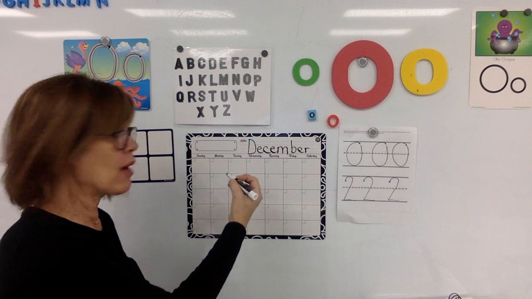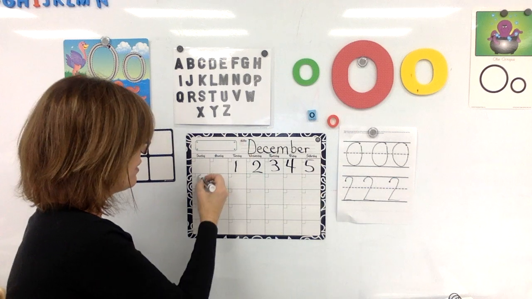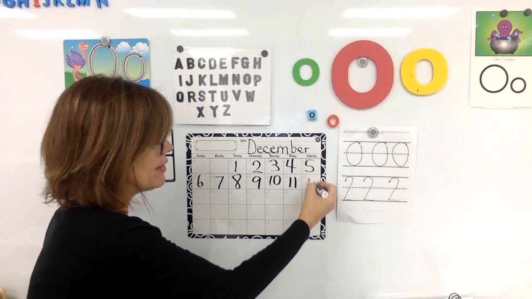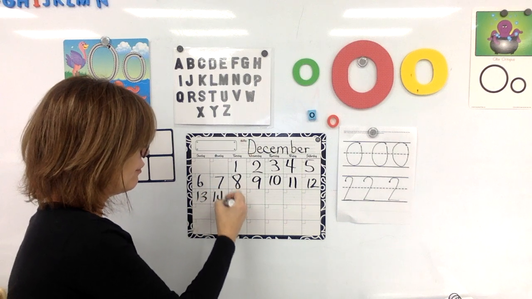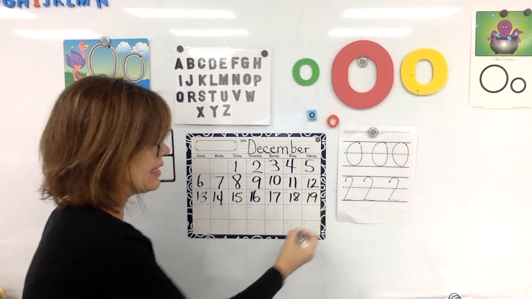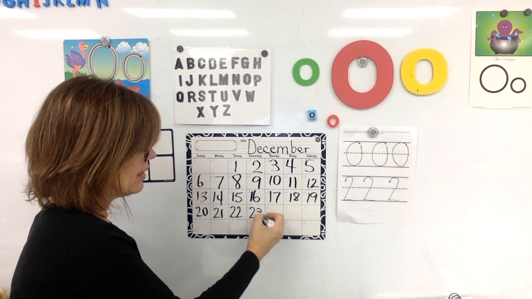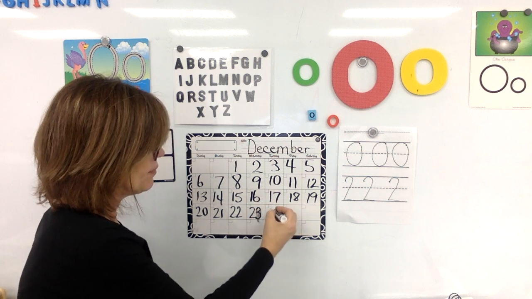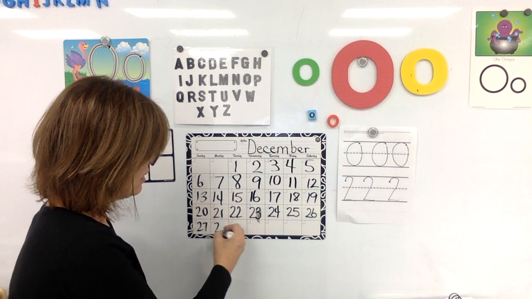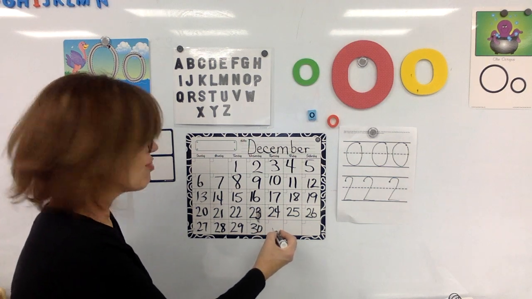Watch me as I write the numbers and count with me. 1, 2, 3, 4, 5, 6, 7, 8, 9, 10, 11, 12, 13, 14, 15, 16, 17, 18, 19, 20, 21, 22, 23, oops, messed that one up, 23, 24, 25, 26, 27, 28, 29, 30, you know what comes next? 31.